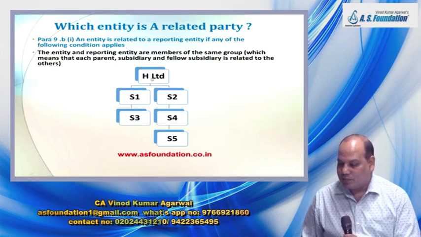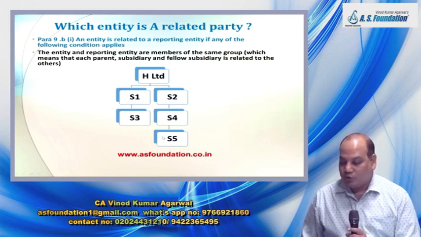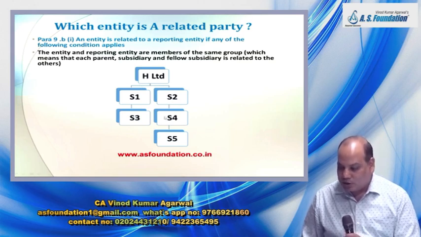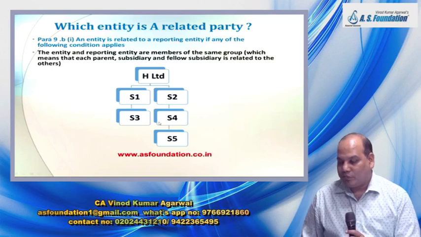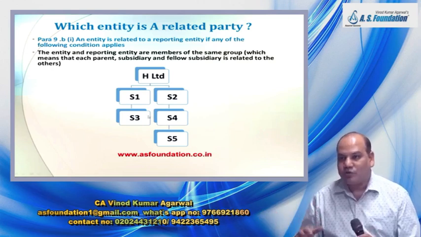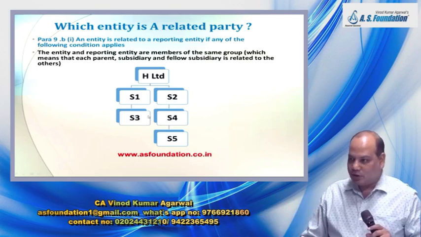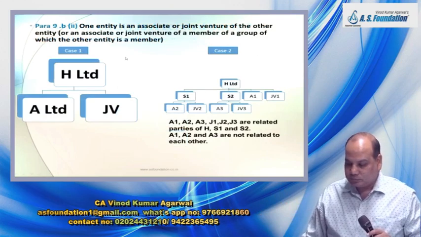Ultimately, H is the parent company of all the subsidiaries. So all those companies which have a common parent company are called fellow subsidiaries. So they will also become related parties. So each of them will treat the remaining others as related parties. Then how about the disclosures? That we'll discuss later. But first you make a list of related parties. Is it right? Under each clause.